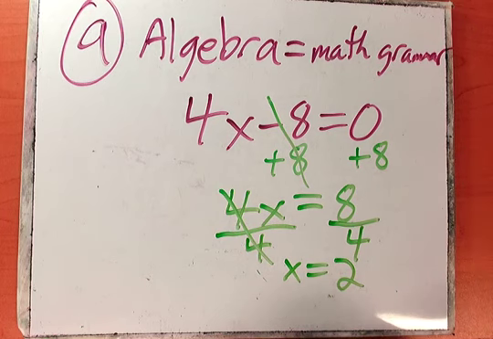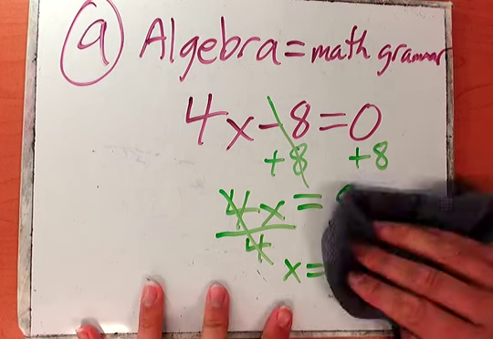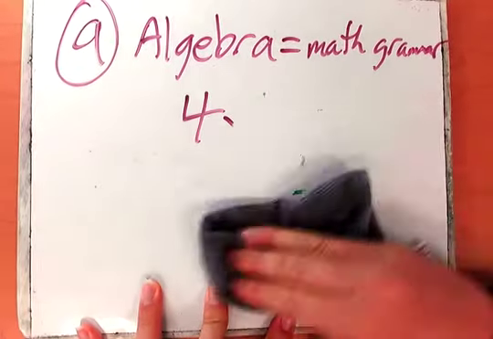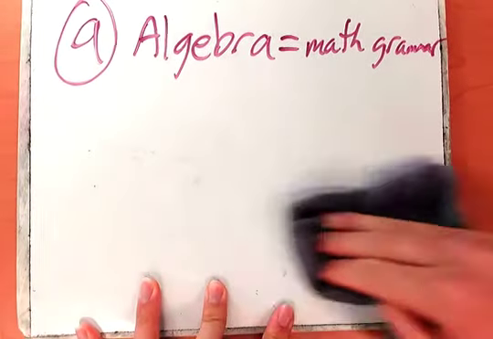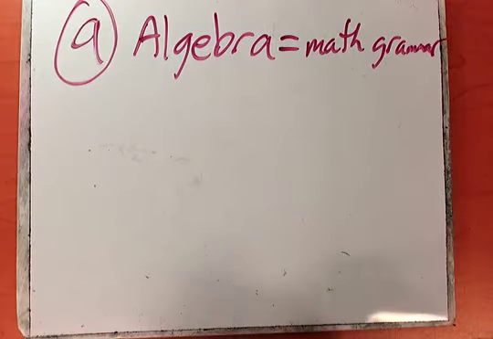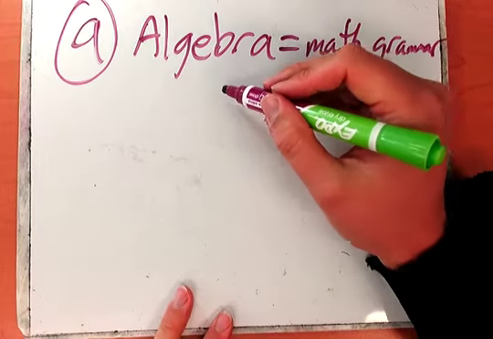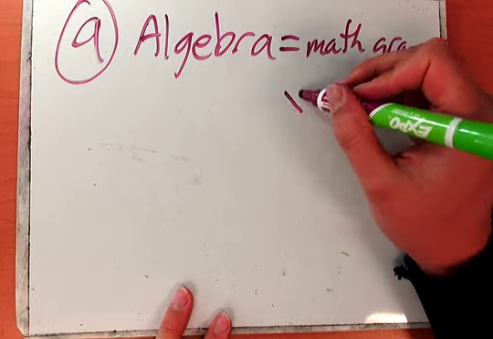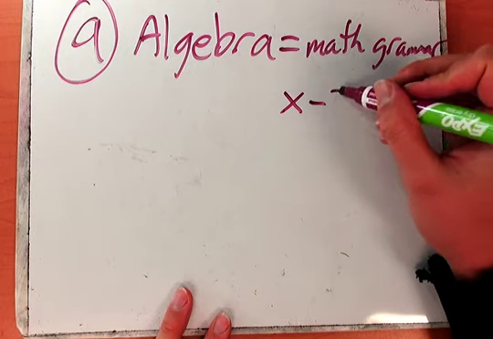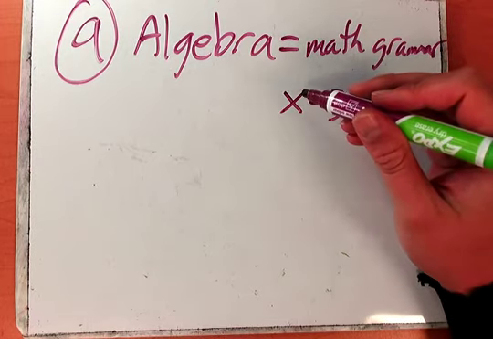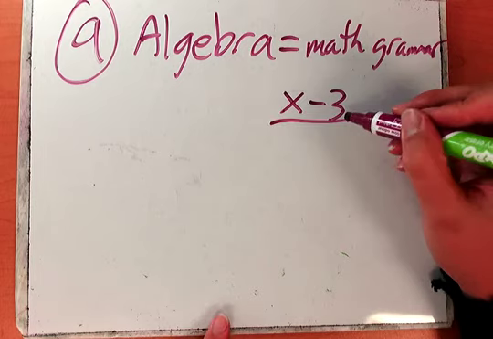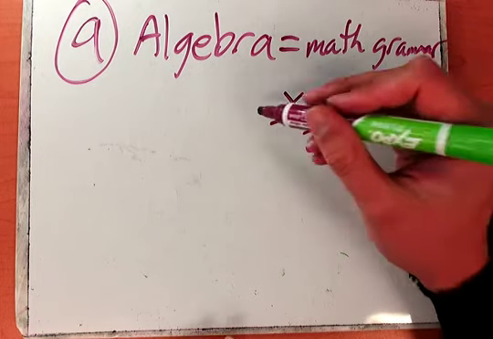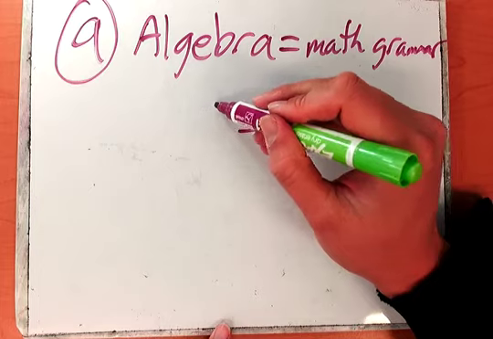I just want to give one more exemplar here. I can have multiple steps in algebra. So I can have a question, let's say, x minus 3, divided by 2, equals 5.